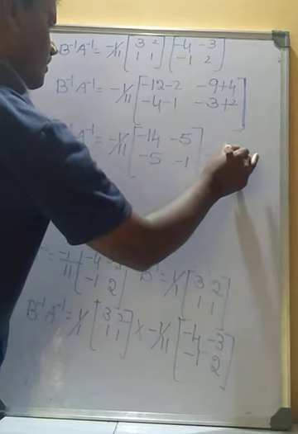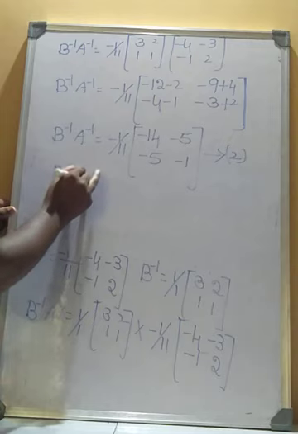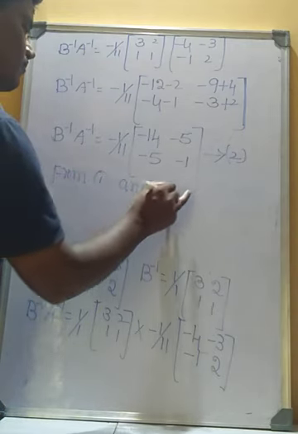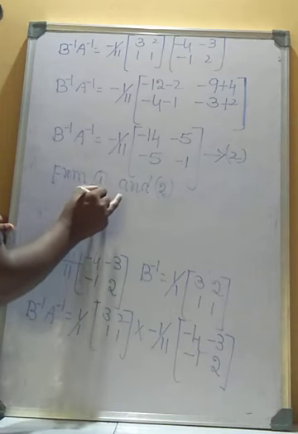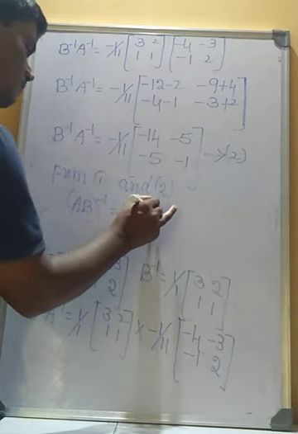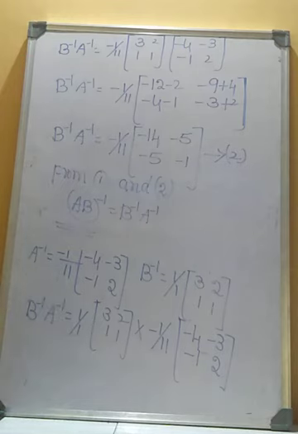Call it equation number 2. From equation 1 and 2, we get (AB) inverse is equal to B inverse into A inverse, hence verified.